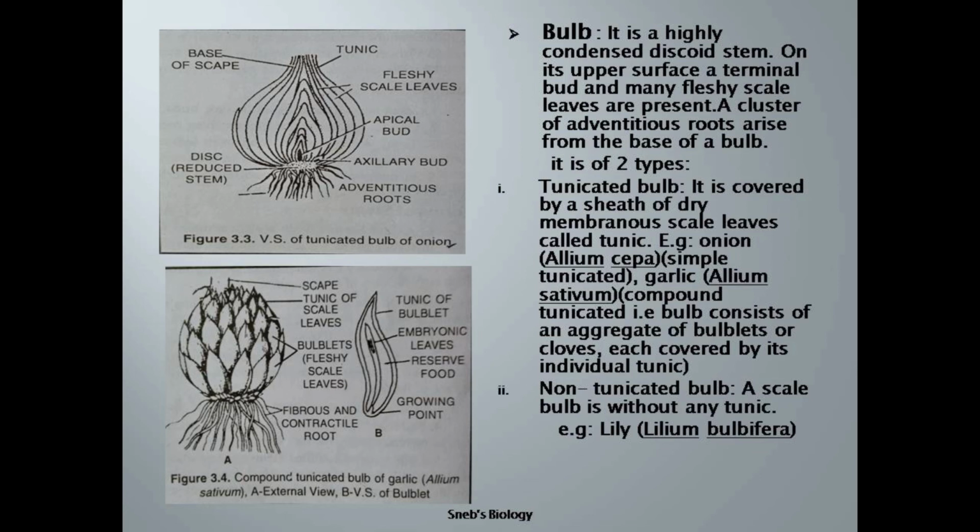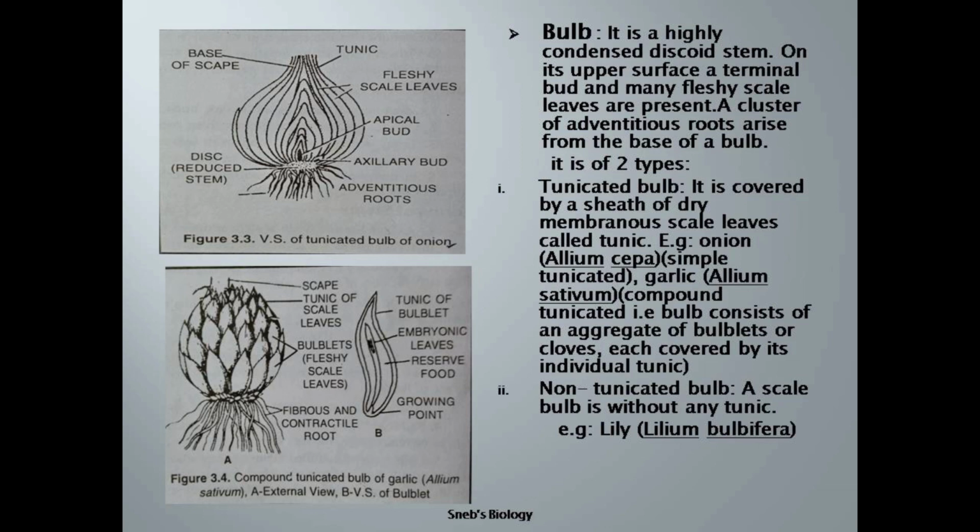Next is compound tunicated bulb. In compound tunicated bulb, the stem is also compact disc type. Leaves arise from the stem and enclose swollen parts, or globes or bulblets, which are edible, and outside these there is a common tunic.